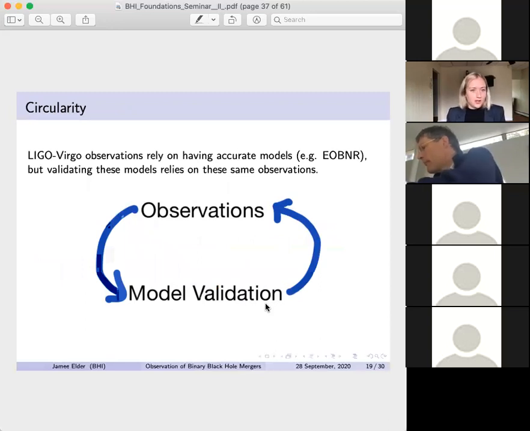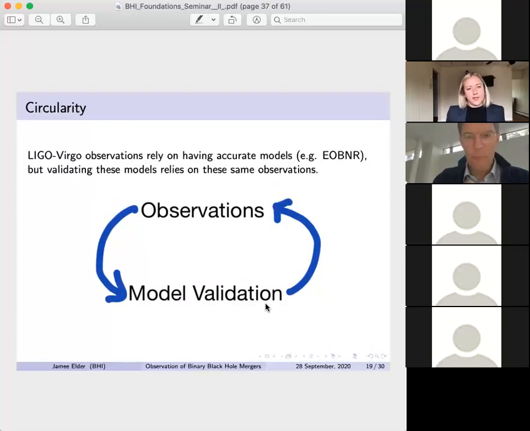So we end up with the circularity problem, where ensuring that the parameters we infer about the system are accurate relies on having valid models, but validating those models is in turn reliant on those very observations.